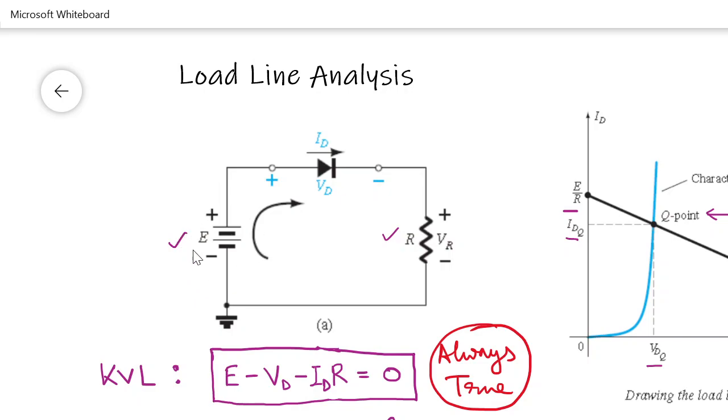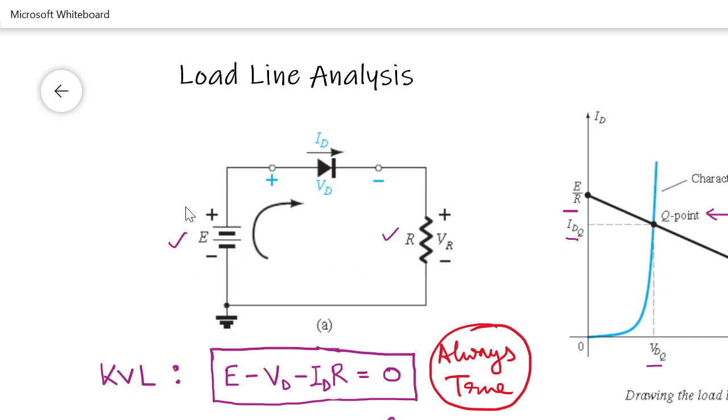You have probably not read Thevenin's equivalent circuit and all. When you know Thevenin's theorem, then you will appreciate how a longer, more complicated network can also be utilized for load line analysis.